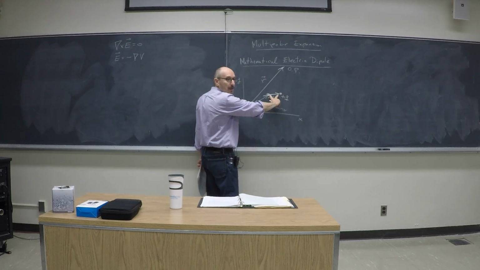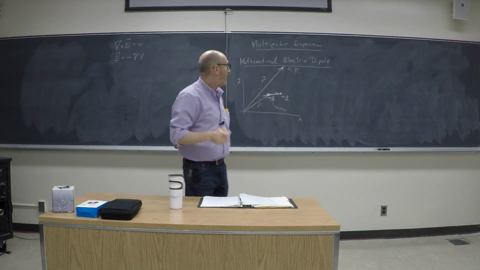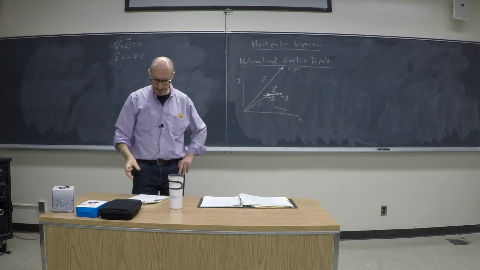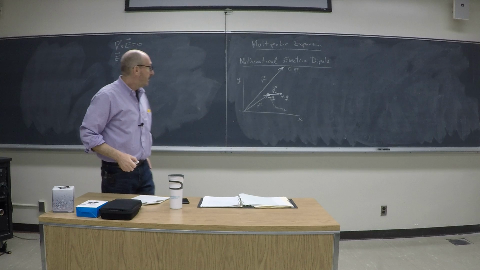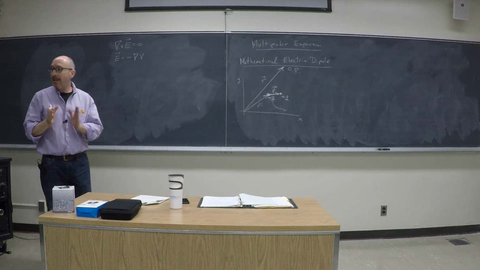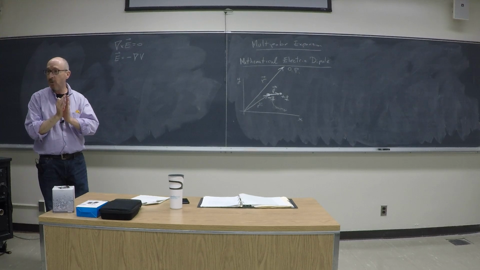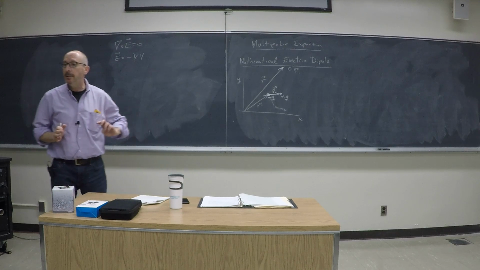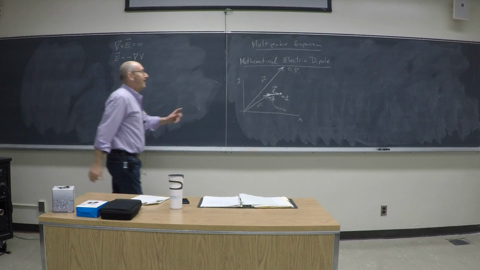And this vector that I drew is supposed to be very, very, very tiny. And I'm going to call it L. Okay. All right. Plus q and minus q. In reality, both of them are located at r prime because the quantity L is tiny. I can call it many things.